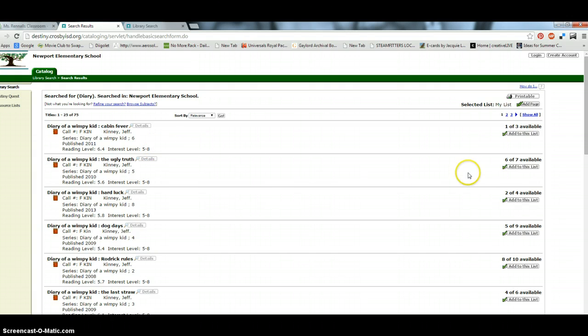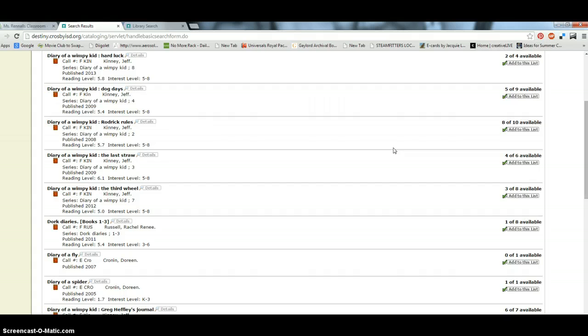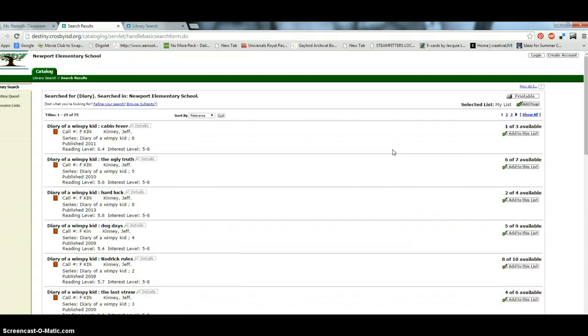Now, if we move over here, it also tells me that 1 of 3 are available. In other words, we have 1 copy on the shelf and there are 3 available. Okay, so as you can see by this list, we have quite a few Diary of a Wimpy Kid books as well as Dork Diaries, so you don't have to worry, we have plenty for you.